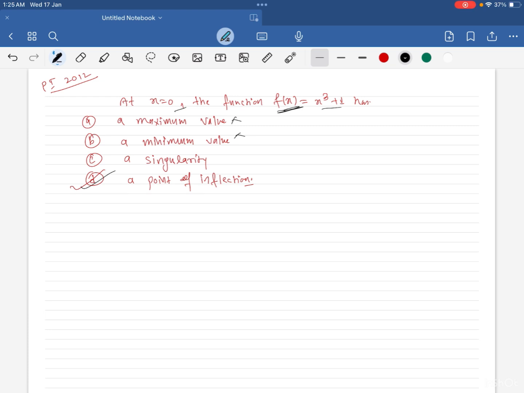For that you will have to find f double dash x, and if you find f double dash and equate it to 0, from there you will get x is equal to 0, right?